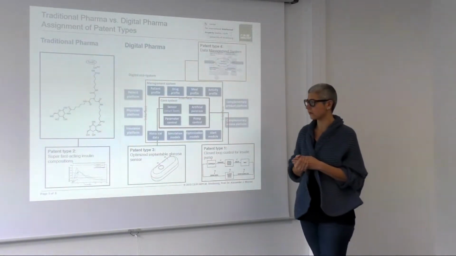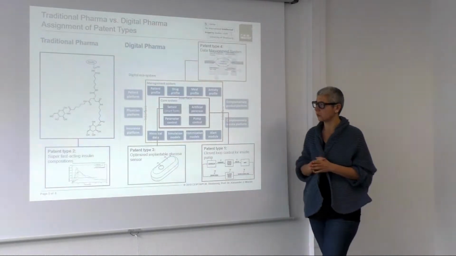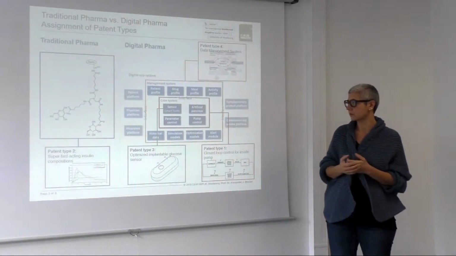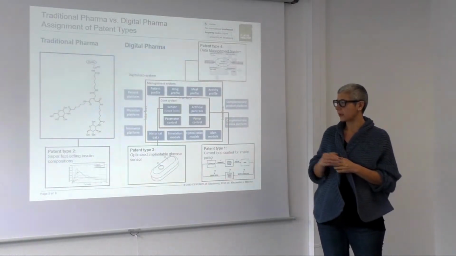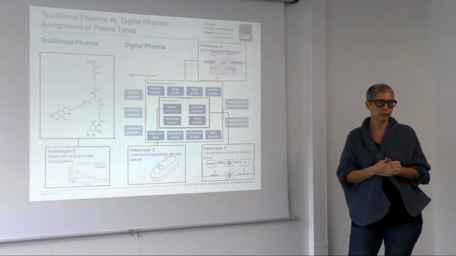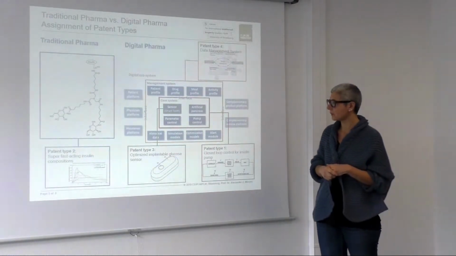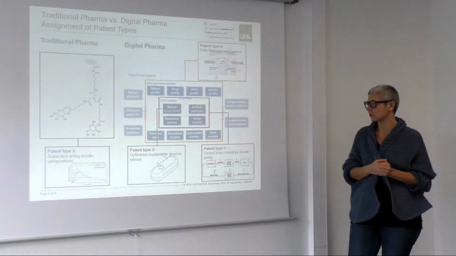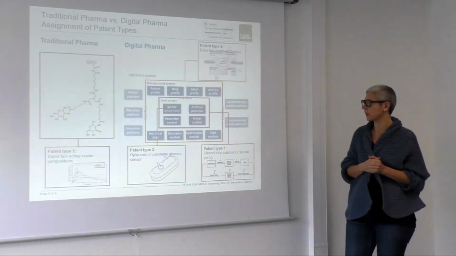And here we see an example, for instance, while we are dealing with diabetes. It's an example of a potential claim on a composition for super fast-acting insulin. And well, we don't have to go into the details of the content of this application.